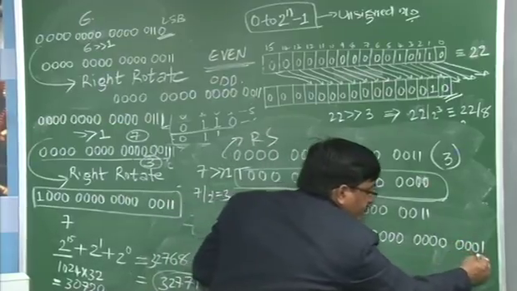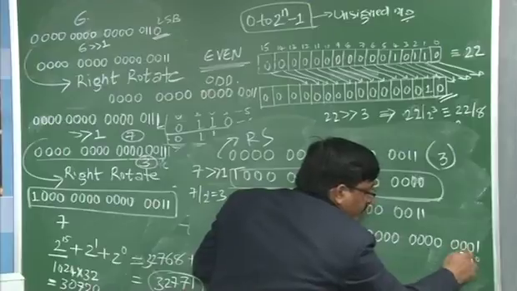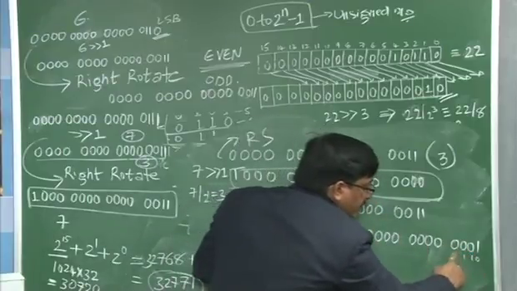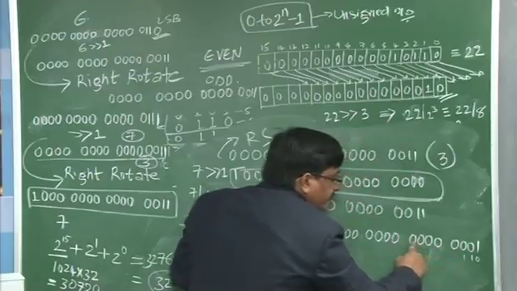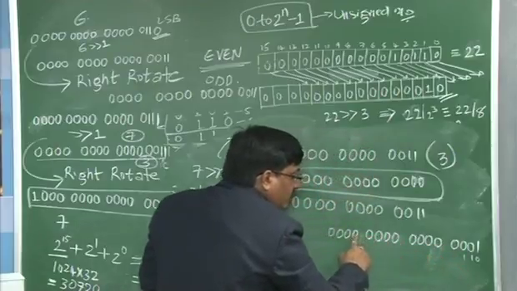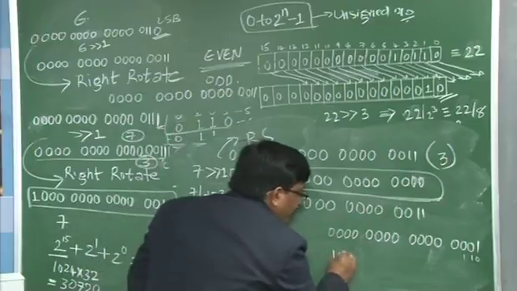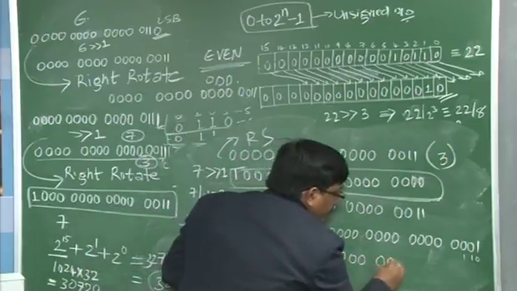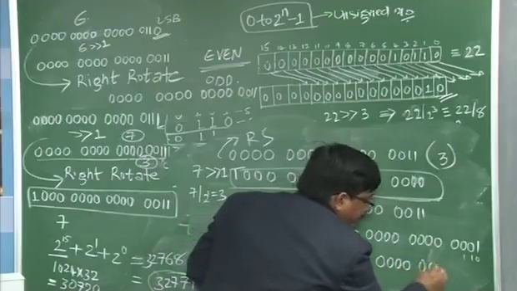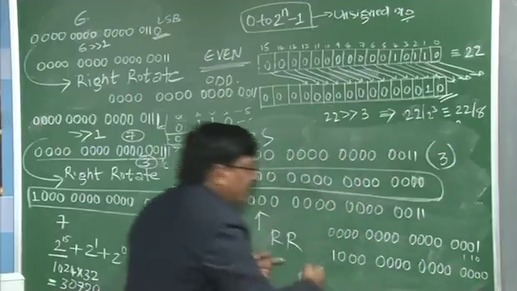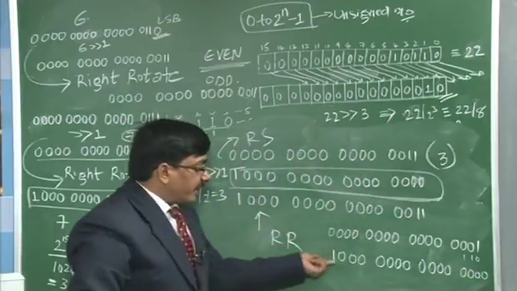One bit rotation means it will come here, left bit. Second time, it will come to this position when I perform the left shift operation. Third time it will come here, 4th, 5th, 6th, 7th, 8th, 9th, 10th, 11th, 12th, 13th, 14th, 15th. 15 times when I perform the left shift, I will be getting the 1 here.